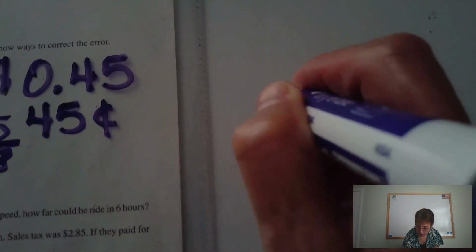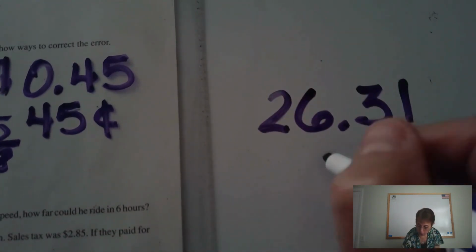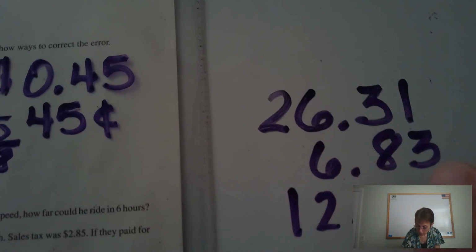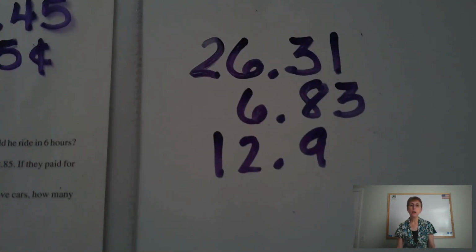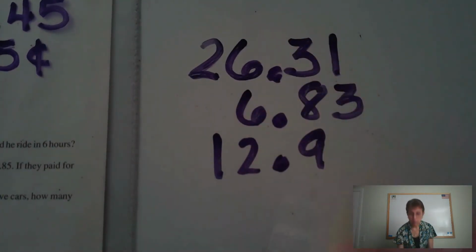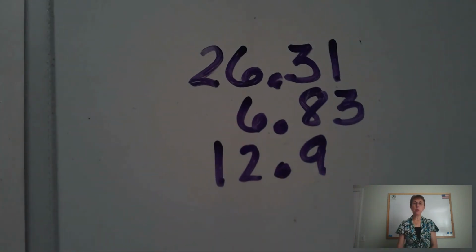Okay, number 11 shows that you have 26.31, you have 6.83, and you have 12.9. Okay, these are decimals that you need to add. Okay, but again, you need to make sure that you are lining them up by the decimal points. Once you do that, then you will be able to add and get a correct answer.